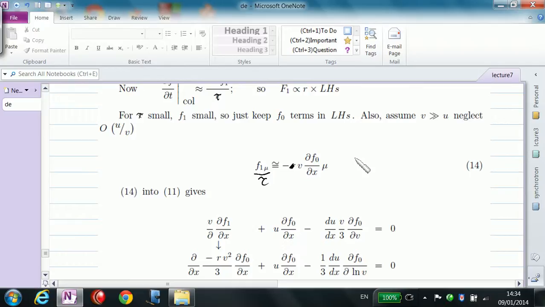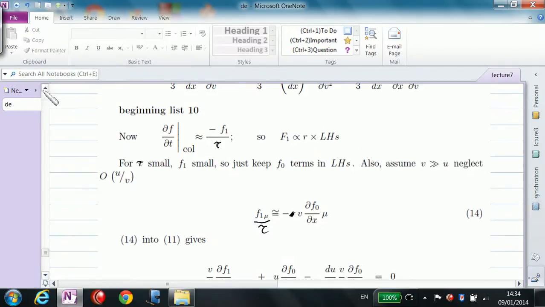Now, let me just go back to show, if I can find it amidst all this chaos, the terms that I threw away.